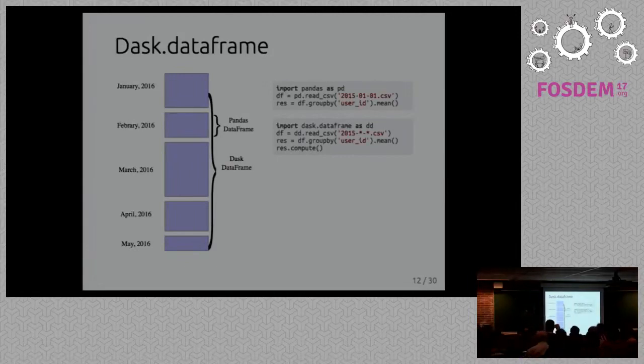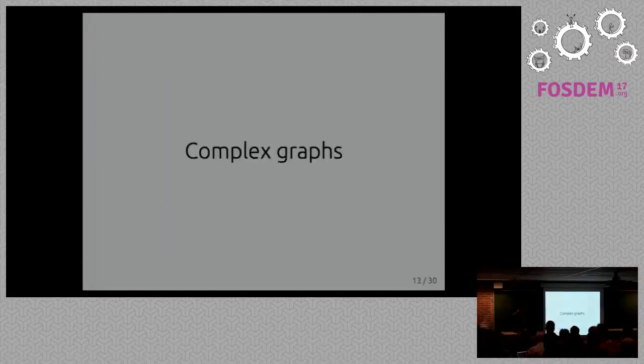So it builds a task graph to do those computations, and that's the difference with using Pandas. It's only when you explicitly say, now I want to compute my results, that the task graph that has been built up will execute in parallel or distribute on the cluster.